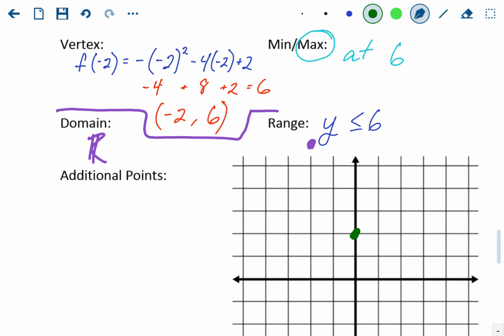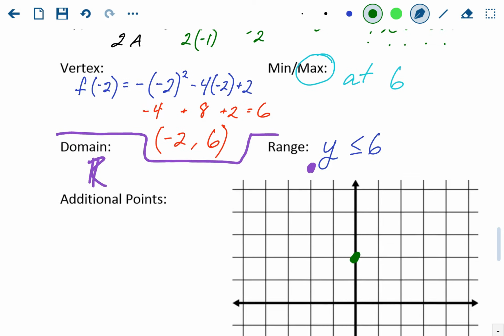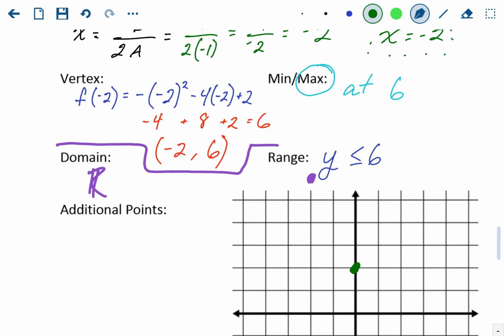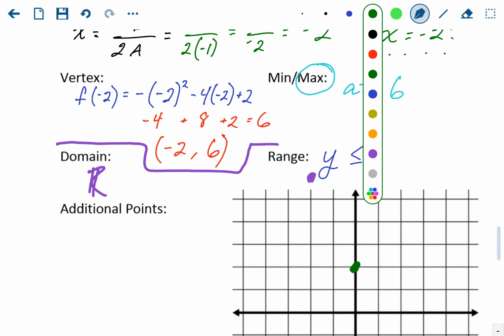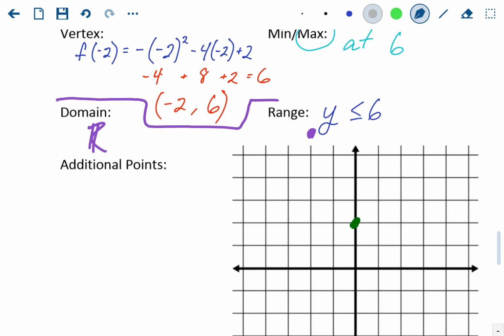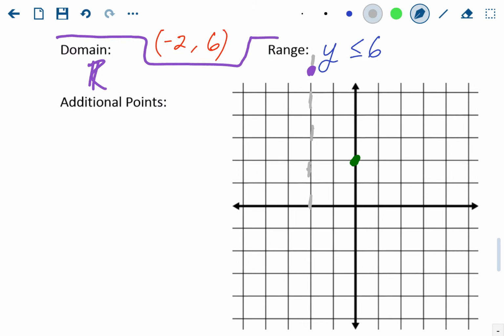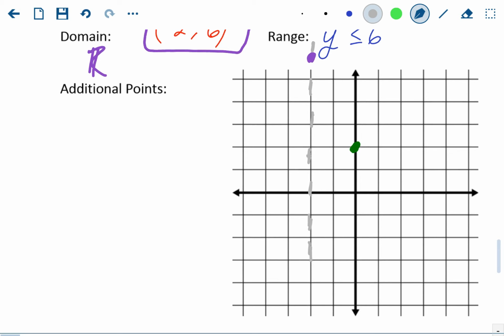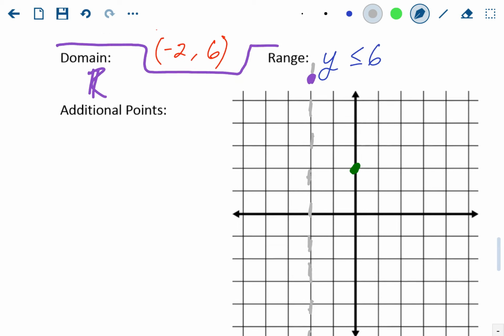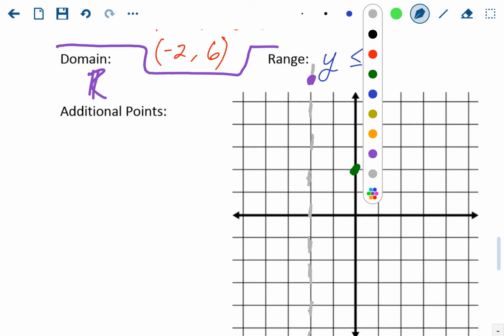And then I'm also going to lightly draw the axis of symmetry at negative 2 with a dotted line. That helps us graph it because we're going to reflect any point that we have over the axis of symmetry. So we're going to reflect the y-intercept, which is 2 away from the axis of symmetry. We're going to go 2 in the other direction and put a point. All right, so we have 3 points.